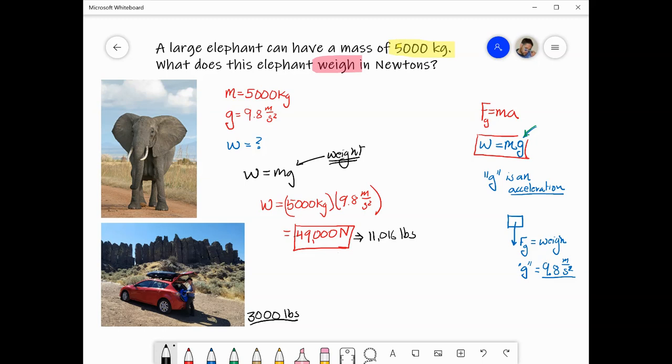Now notice my car is only 3,000 pounds, and this one is 11,000 pounds. So if this number was 12,000 and this number was 3,000, that means I would get a total of 4 cars. So I could take 4 of these cars, and that would finally equal the mass of one of these elephants.